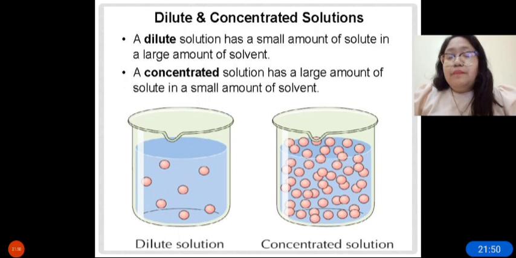So in this example, the small balls or the small circles are the solutes, while the blue liquid is water. That is our solvent. So in a dilute solution, we could only see a small amount of solute. In the concentrated solution, we could see that it has a large amount of solute in a small amount of solvent.